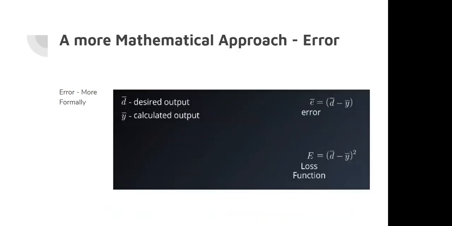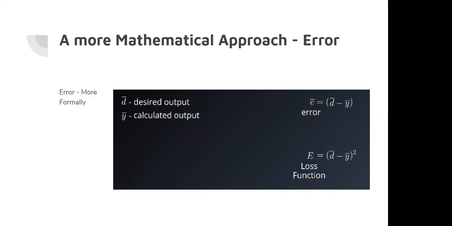More formally, error is E bar, which is D bar, your desired output vector, minus Y bar, your calculated output vector.